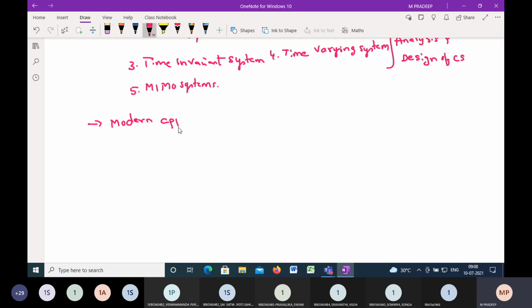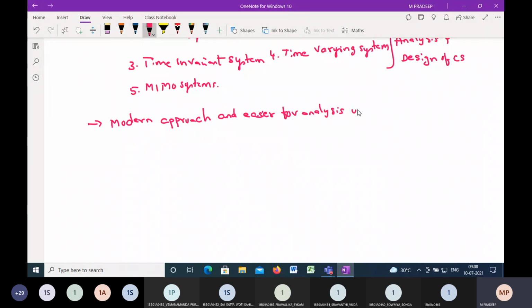The state variable approach is what we use for performing the analysis as well as the design of your control system, and it provides a very easy way to perform the analysis.